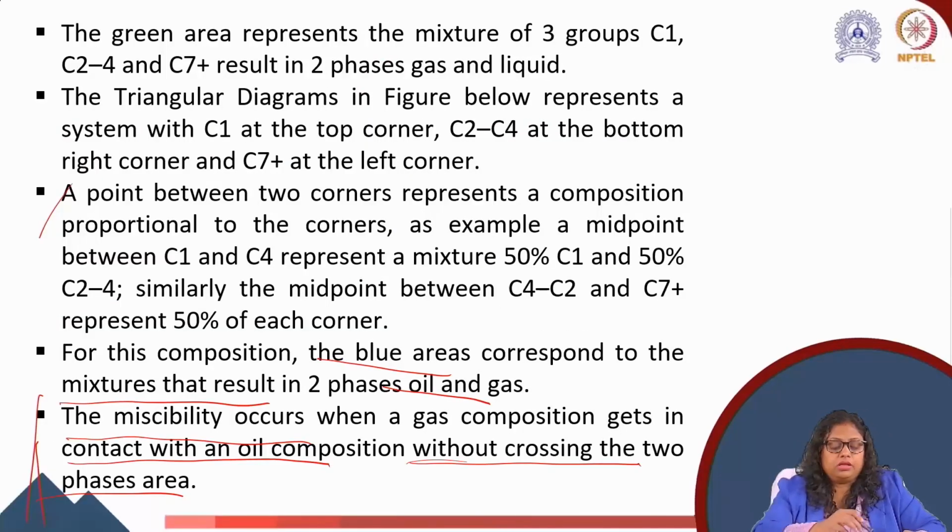Now, the green area represents the mixture of the three groups, C1, C2 to C4 and C7 plus, resulting in your two phases, gas and liquid.